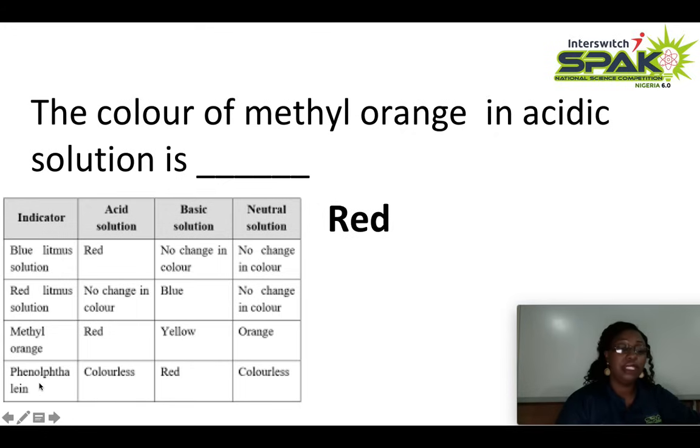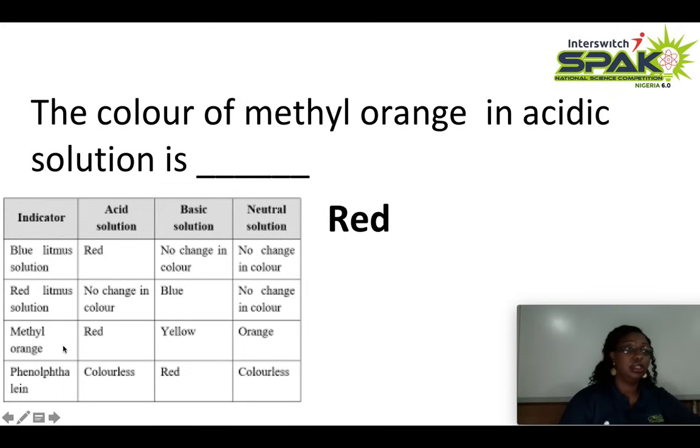Then we have phenolphthalein, which is also an indicator, used in titration of a weak acid and a strong base. In acid solution it is colorless, in basic solution it is red, and in neutral solution it is colorless.